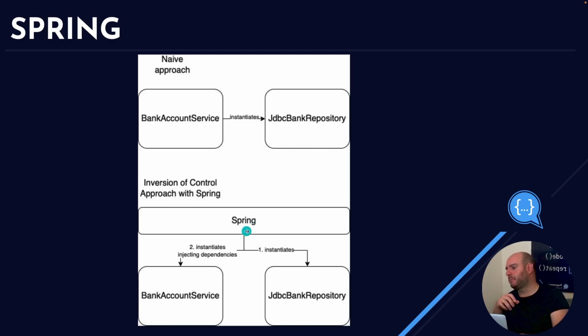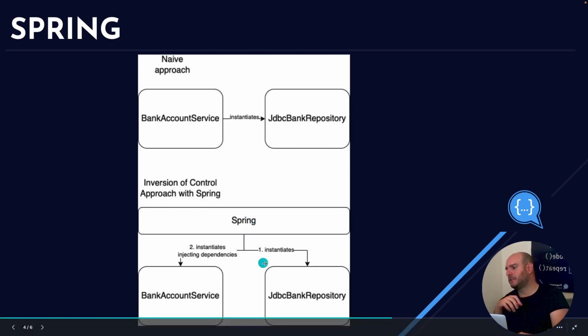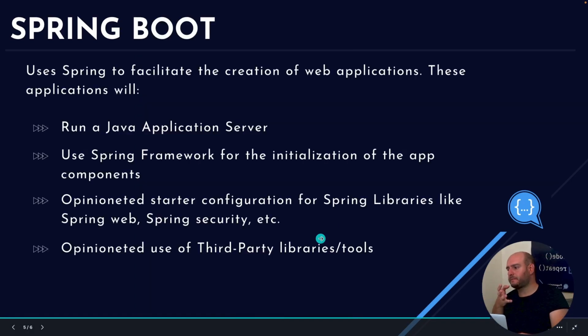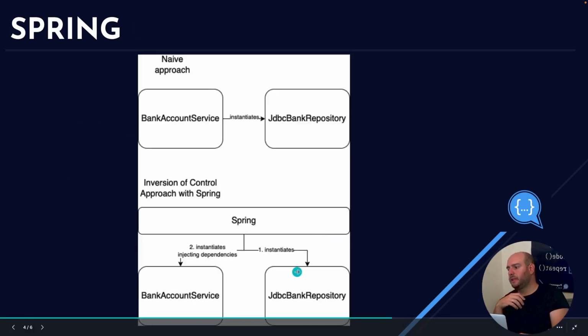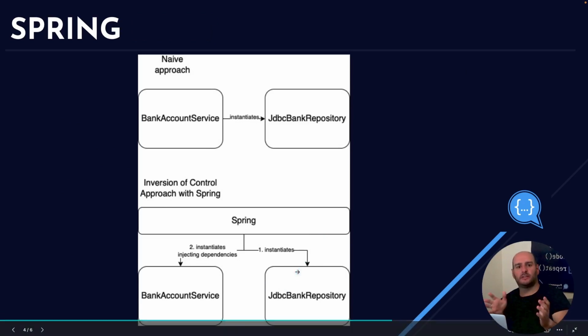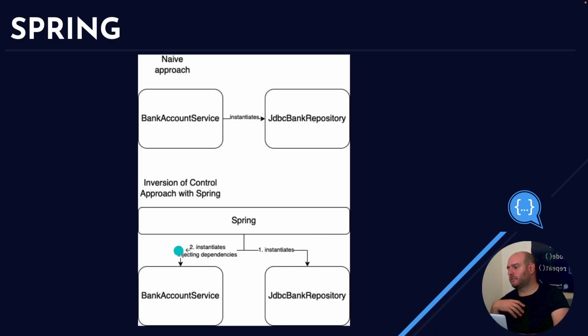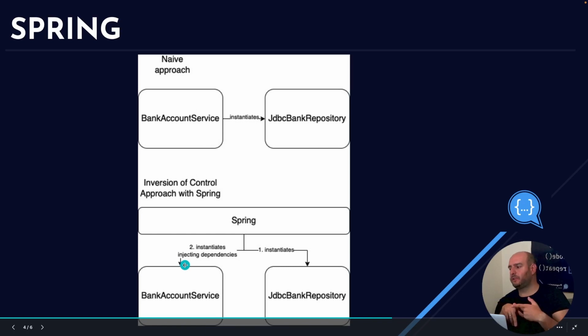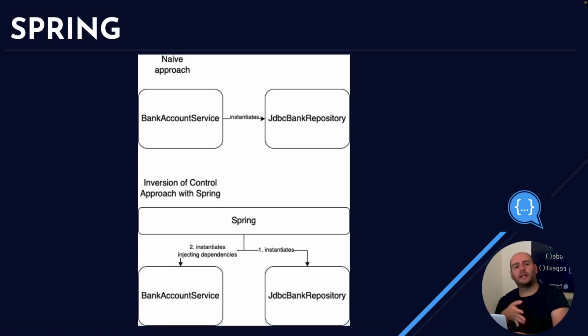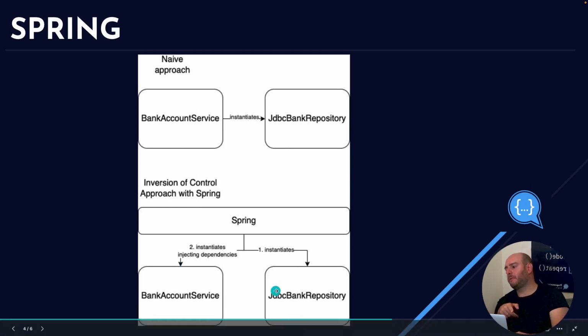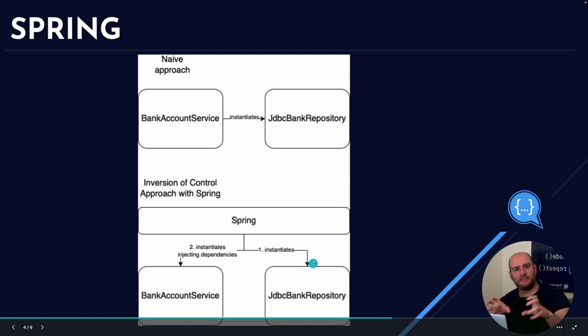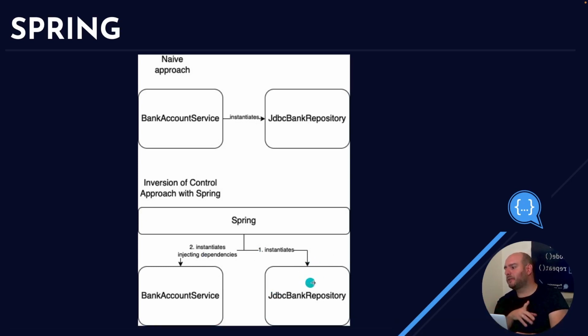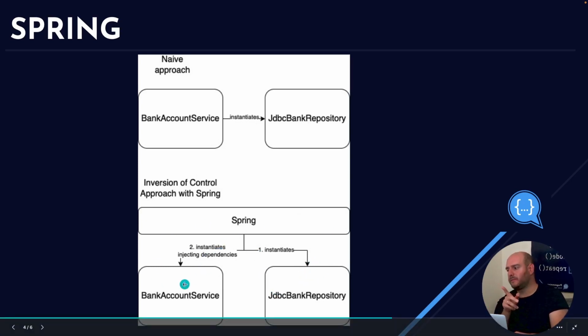So Spring will instantiate these two objects, and it will notice that this one doesn't have any dependency, so it will instantiate it. Then it will try to instantiate this one, but it will notice that this one has a dependency on a bank account repository. So where can I get one? Oh, I have an object that implements this interface, so I'm going to inject it into this one.